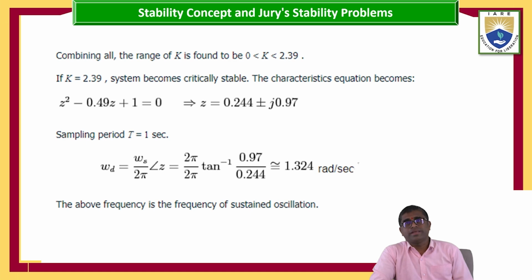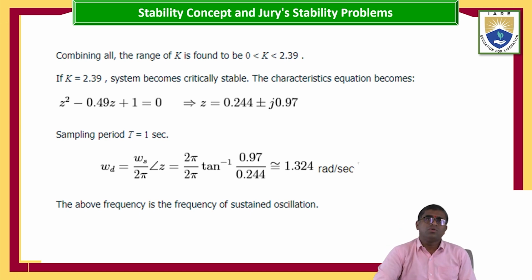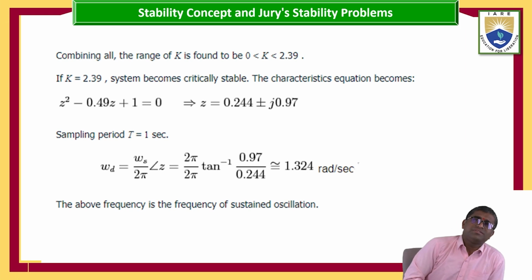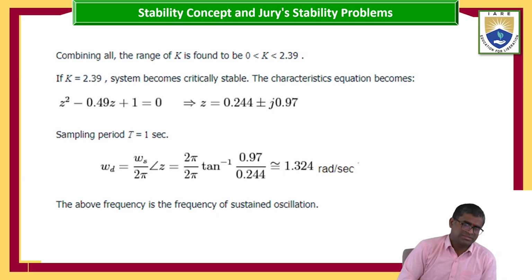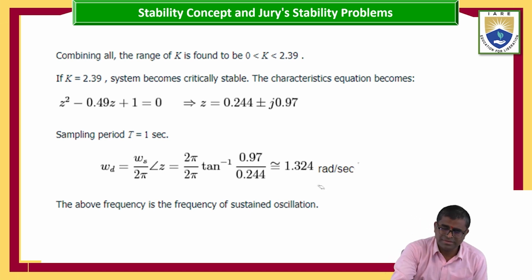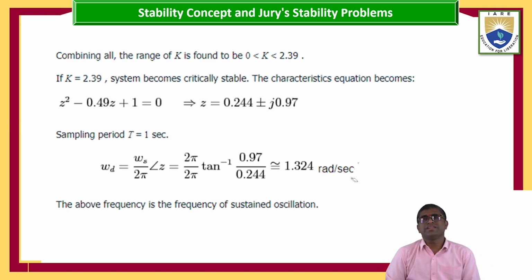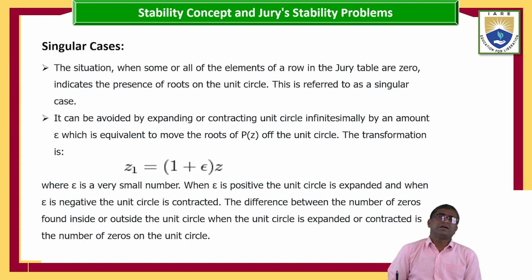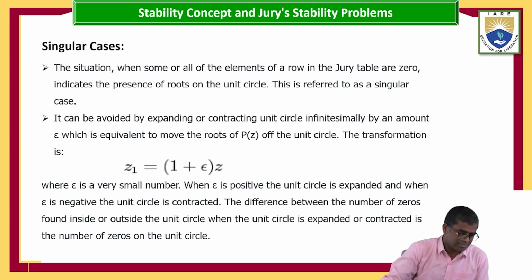And tan inverse of B by A value, that is here, 0.937 by 0.228. Now we can say that this is the frequency for sustained oscillations. That is this value, 1.324.